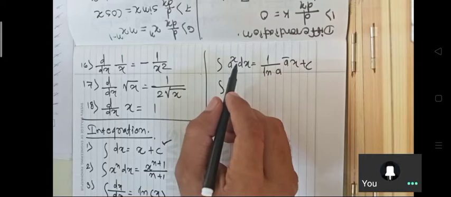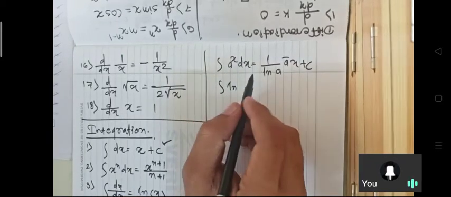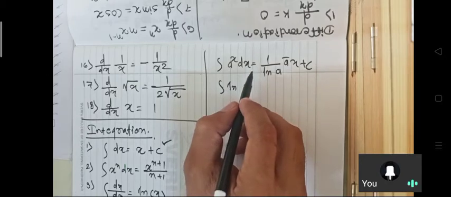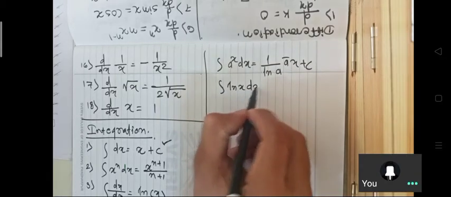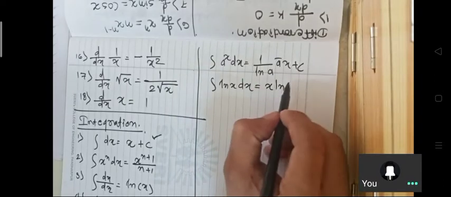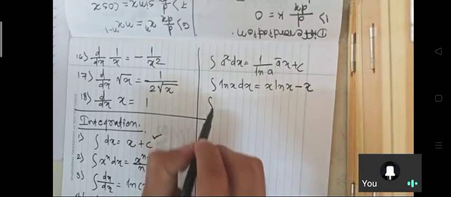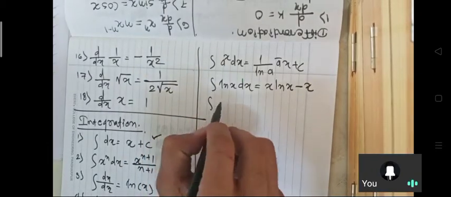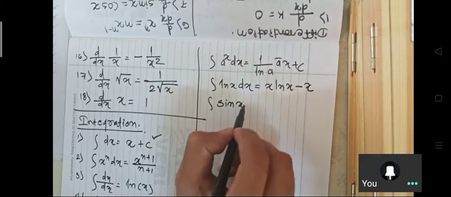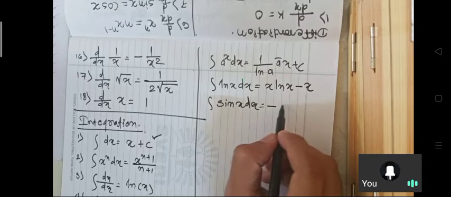Integration of ln, that is log of x dx. Answer of this is x log x minus x. Next is sin x dx. This is required. Integration of sin x dx, answer is minus cos x.